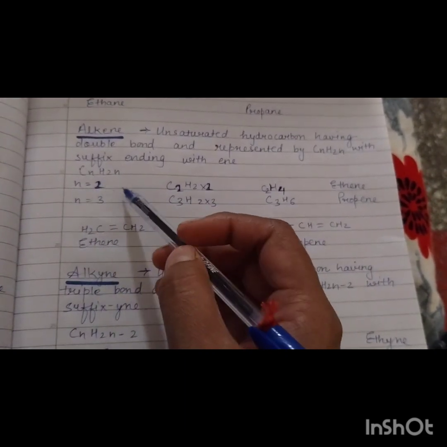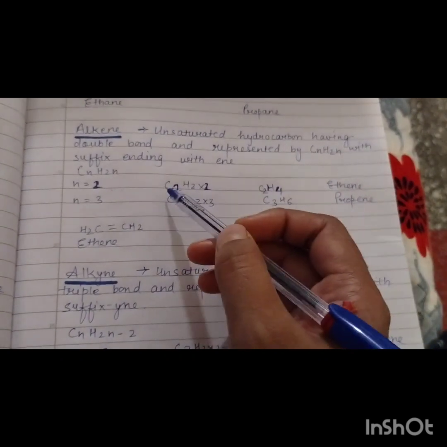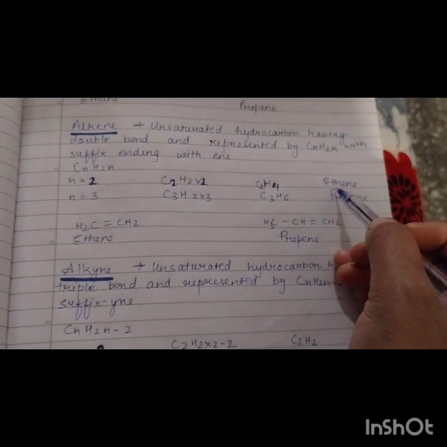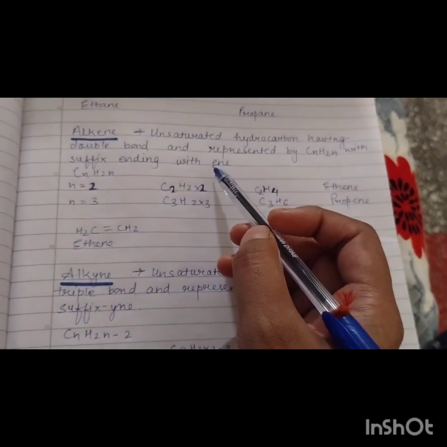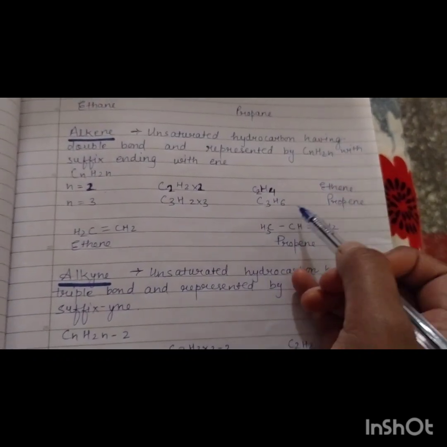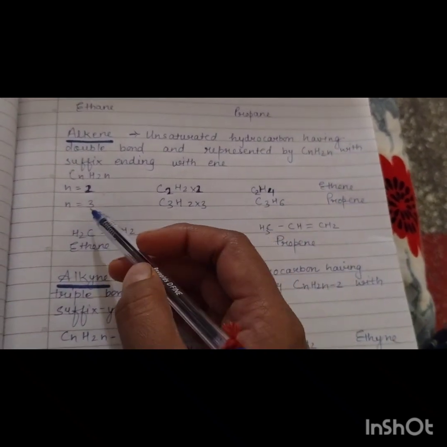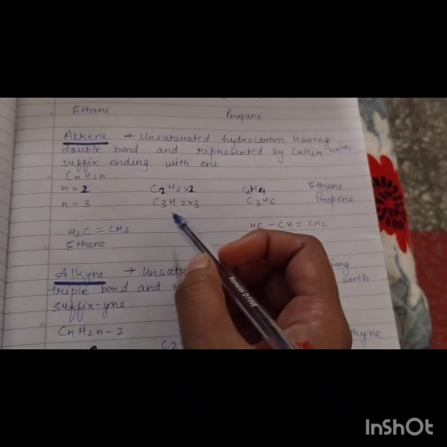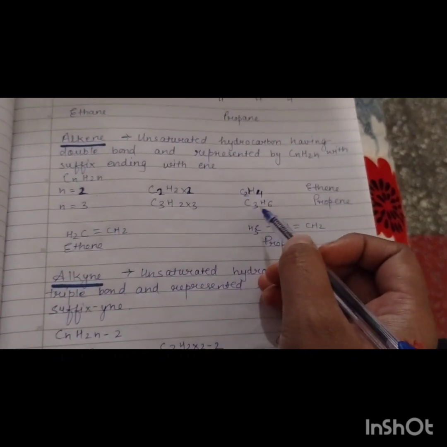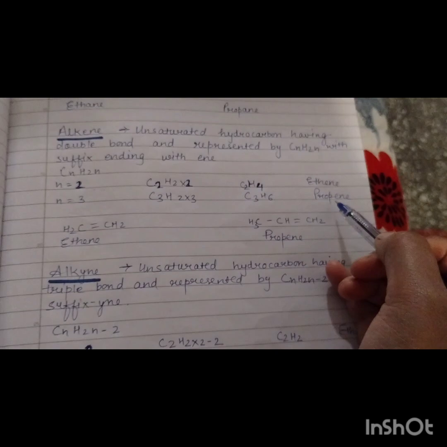We put n equal to 2, then the compound becomes C2H4, that is eth, and because the suffix is -ene, it is ethene. When n is equal to 3, the compound becomes C3H6, that is propene.